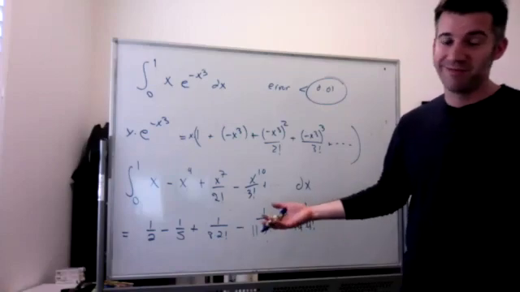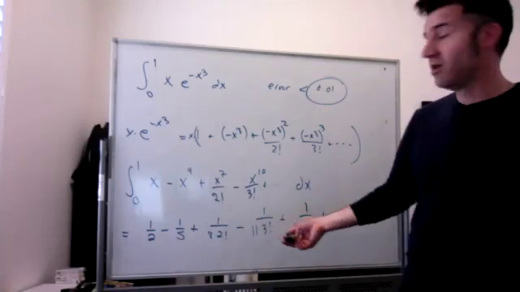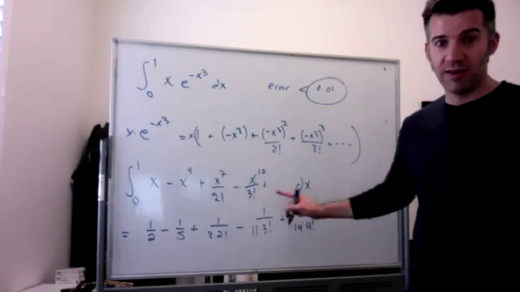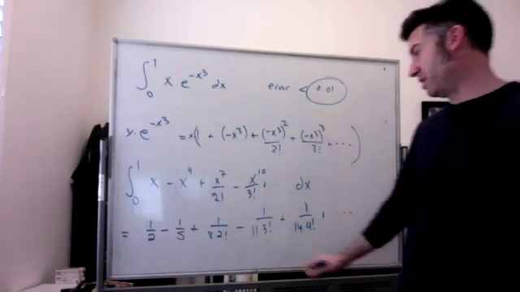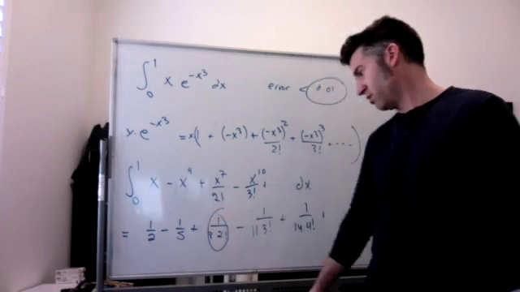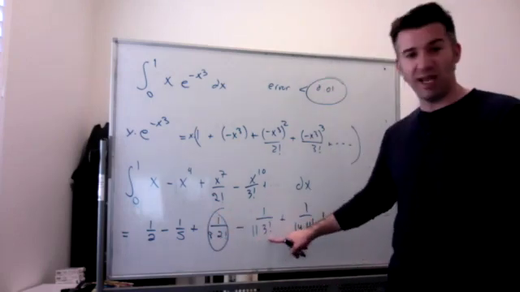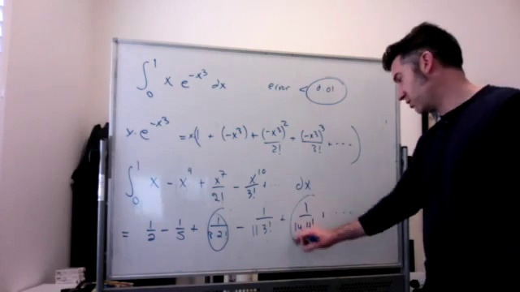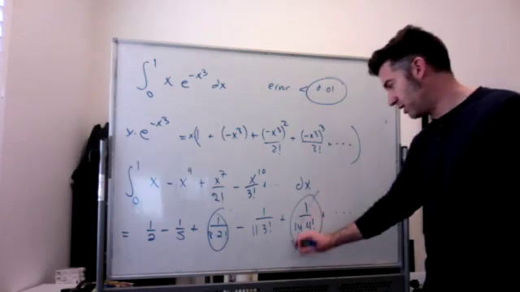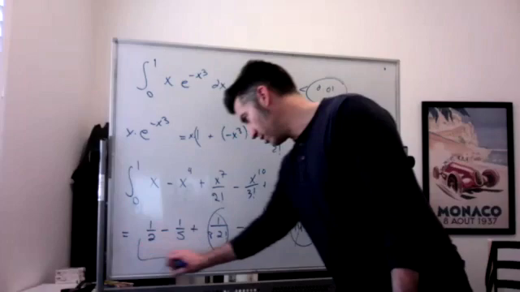Well, it's alternating. So we just have to get to a place where the next term is less than 1/100th. It's not this one, that's 11 times 6. This one's definitely big enough. So this is the last term we need. We don't need this, we need all of these.